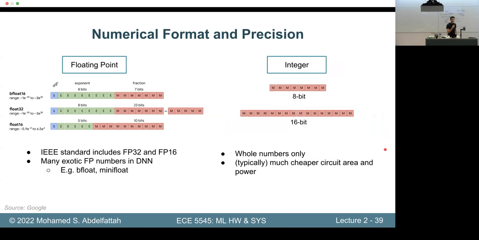Okay, so today we'll pick up from here and move on to another technique for improving efficiency, and that is controlling the numerical format and precision. Like I briefly mentioned, we always used to use floating point arithmetic for scientific applications.